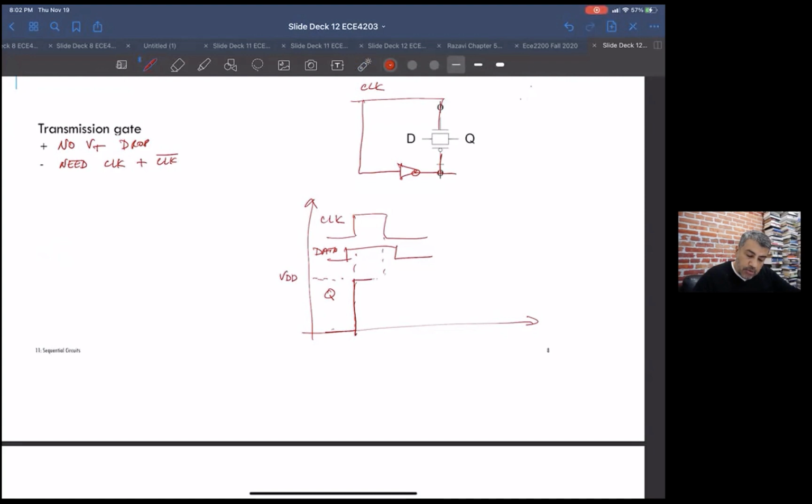For reasons I won't go into, it'll have a much smaller pedestal for the clock feedthrough, but it'll still leak, just like the other pass transistor latch. In fact, the leakage may be higher, because now you have more diffusions, another transistor hanging off of this thing, so leakage might be worse than pass transistor.